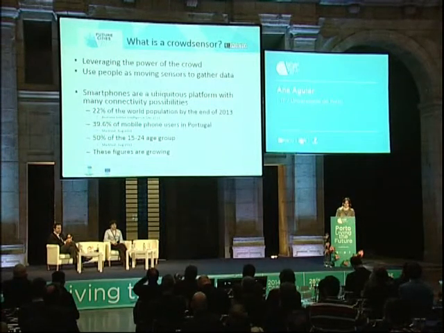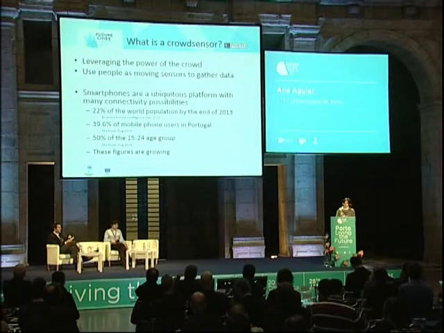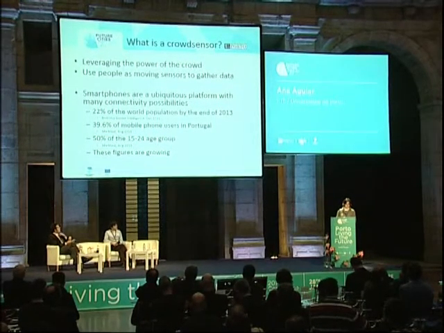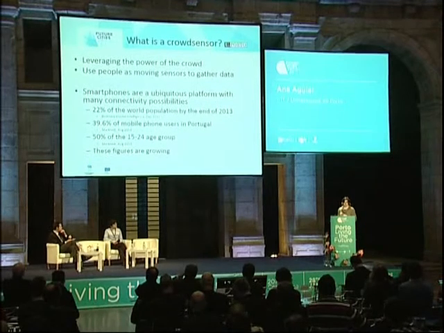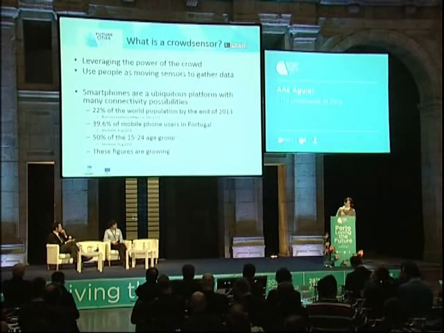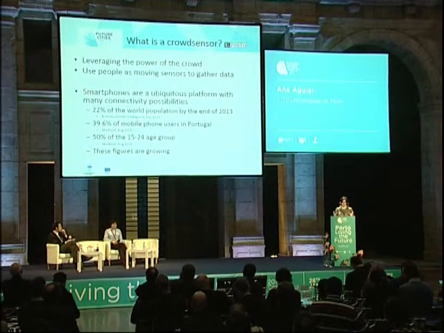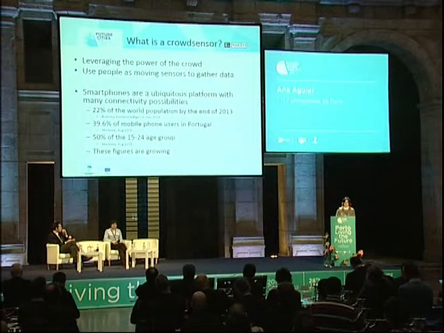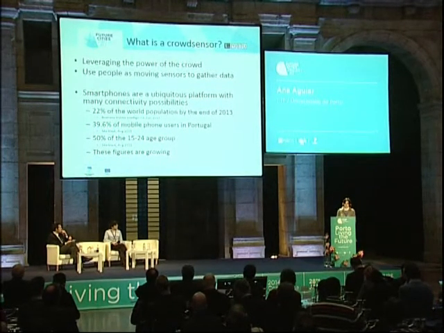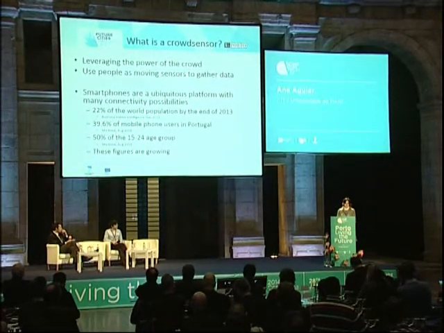All of this is embedded in the smartphone. Additionally, they are able to connect to other devices through Bluetooth. So you can attach external devices to your smartphone and use it to relay the data or to collect it locally and upload it later. That's basically what we are using to turn people into sensors.